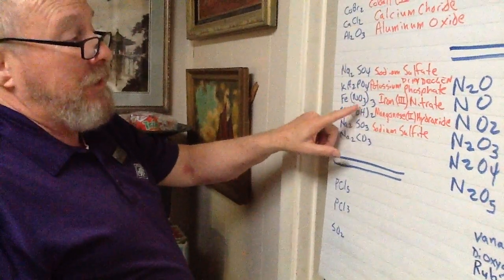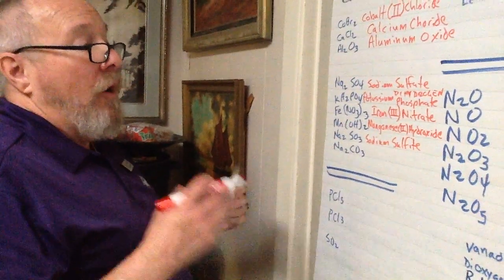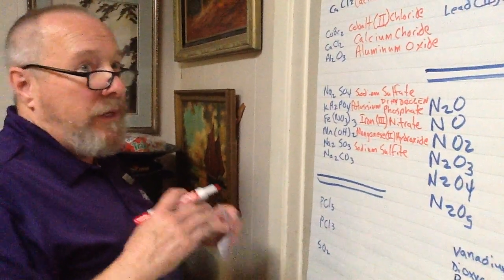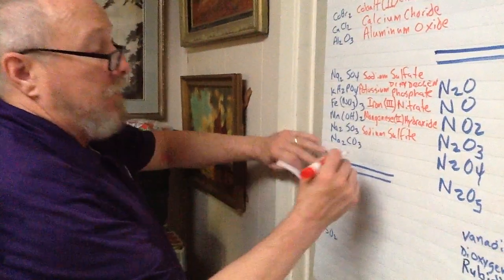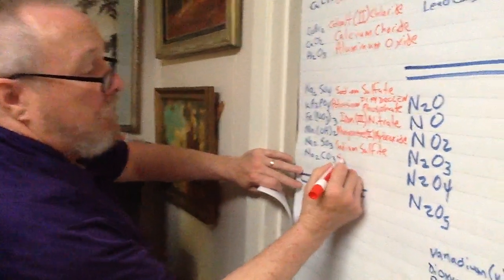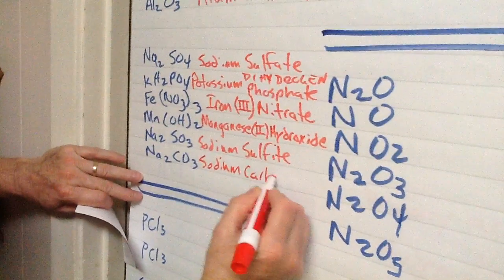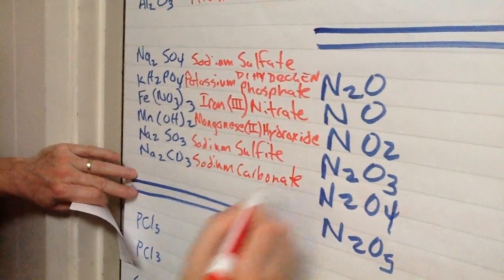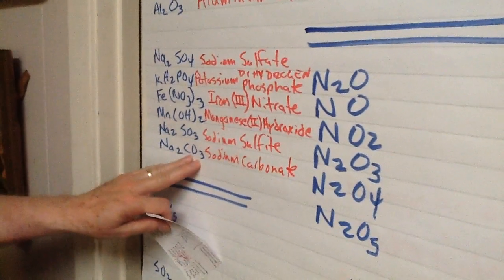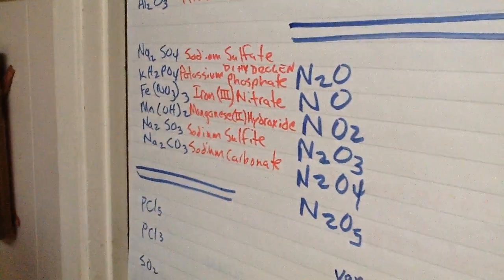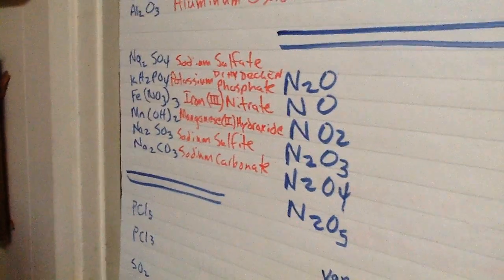So the ate has 3 and the ite has 2. So all you can say is the ite has 1 less. You can't put any hard numbers on it. And finally, sodium carbonate. 2 sodiums. Carbonate is always 2 minus, and that is sodium carbonate.